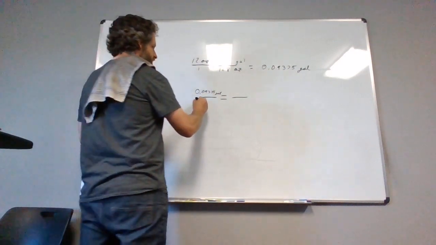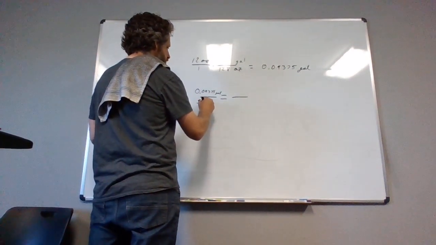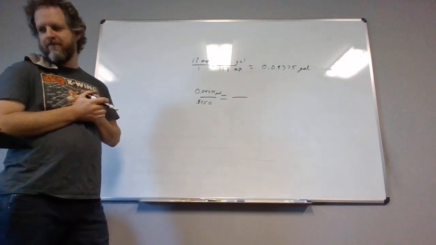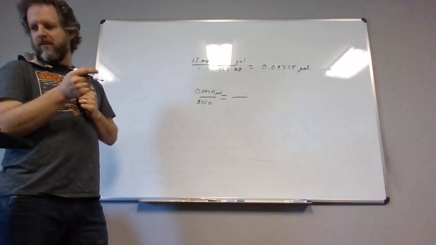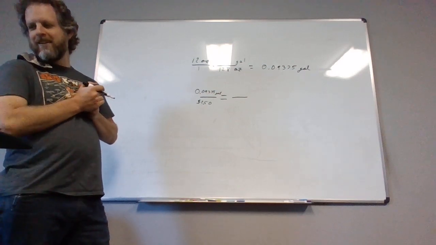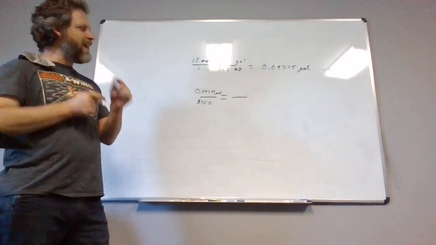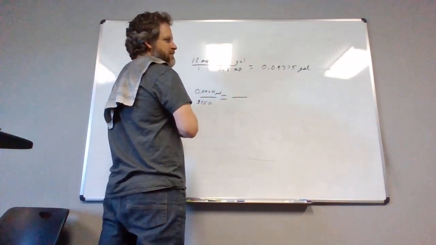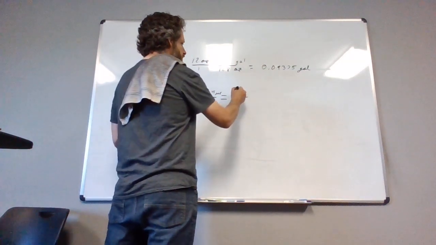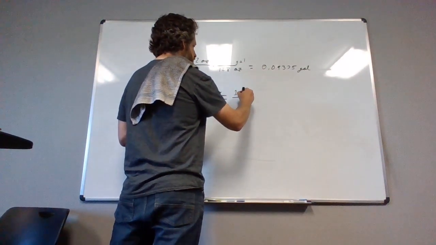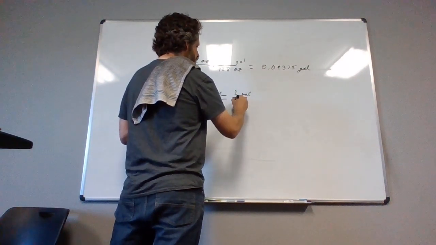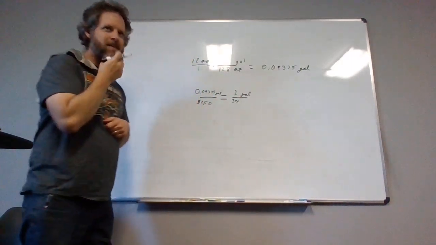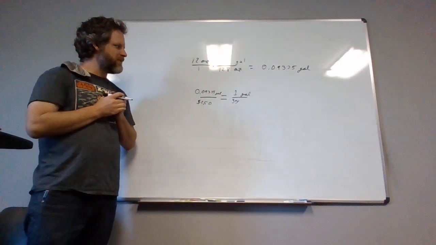Wait, I'm reading the wrong problem. Cost of a gallon. So how many gallons are going to go on the top here? 1. For x dollars, right? Now we're going to solve that proportion.